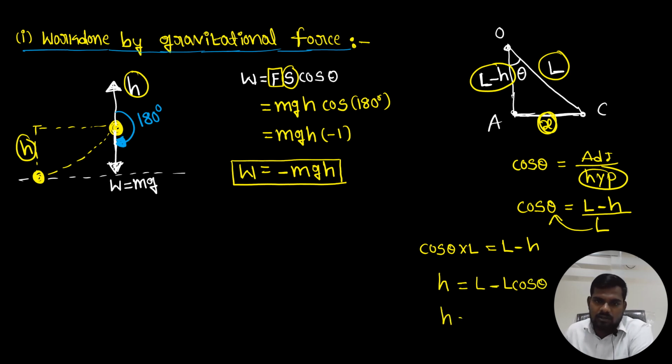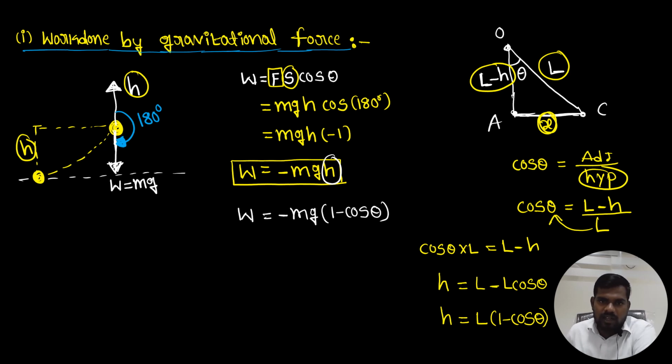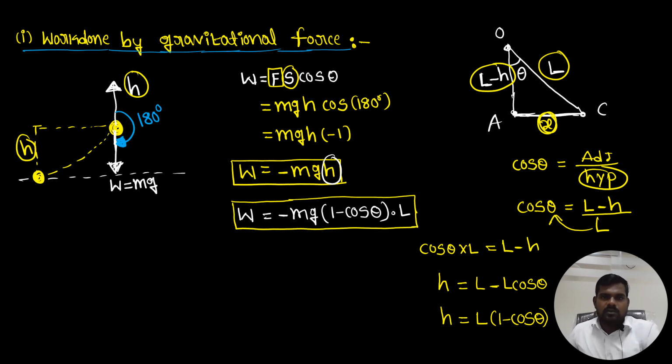If you take L common, H is equal to L into 1 minus cos theta. So finally I got the H value. We can substitute this H value in this formula. Then W is equal to minus m into g, and in place of H I take L into 1 minus cos theta. So this is the final work done in terms of theta, without H, length-wise. Right, this is the one case.